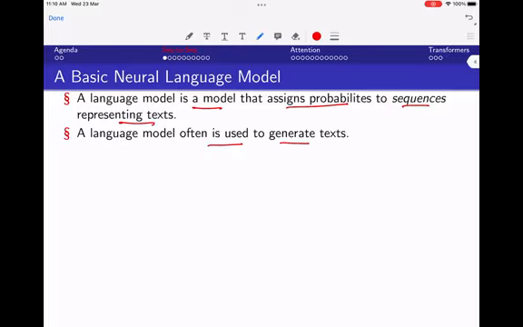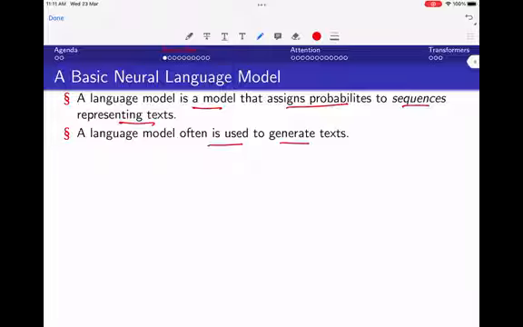And sometimes given some other conditions, maybe an image and some initial few words in the sentence, which are called prompts. If you give prompts and images, maybe it will complete the sentence. Because if you get a probability distribution over all the words in your vocabulary, you can always sample according to that probability, and it will ultimately generate a most likely sentence given those conditions.